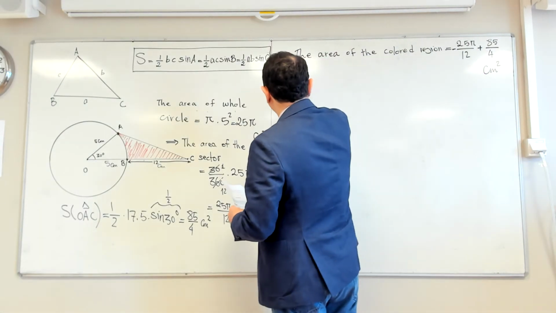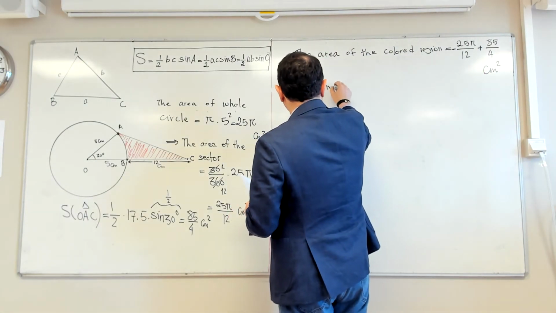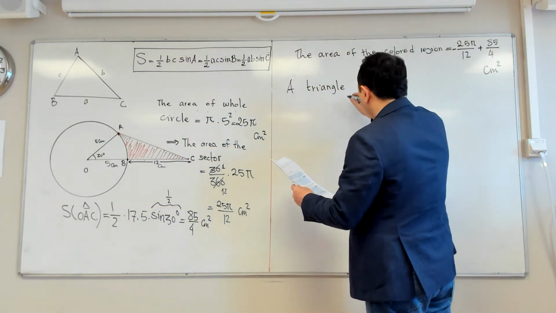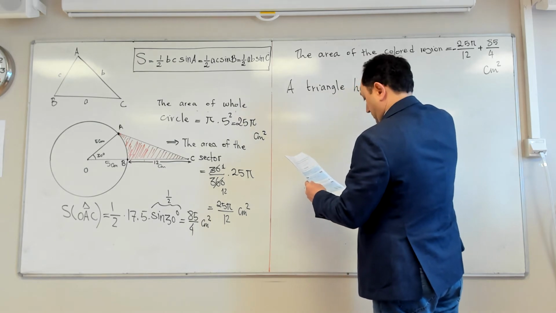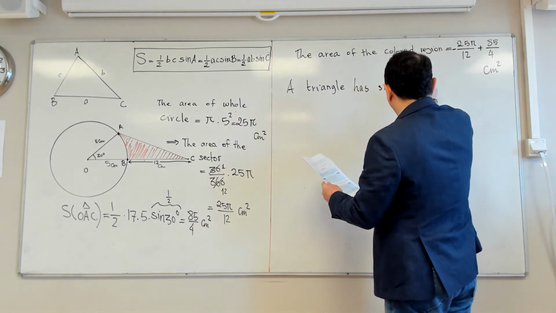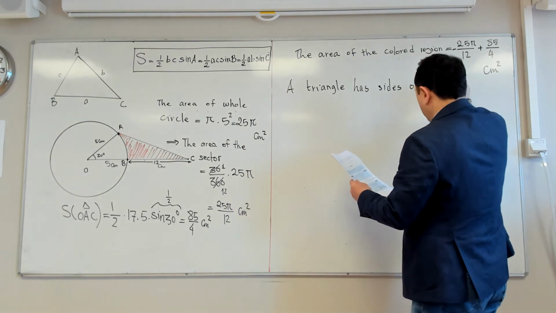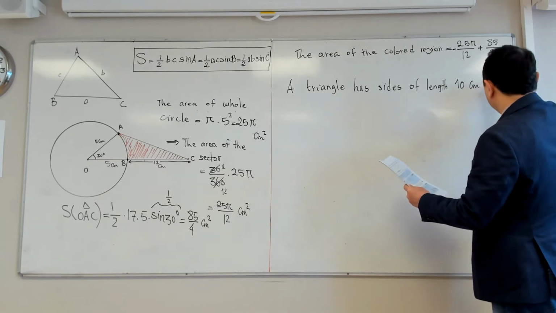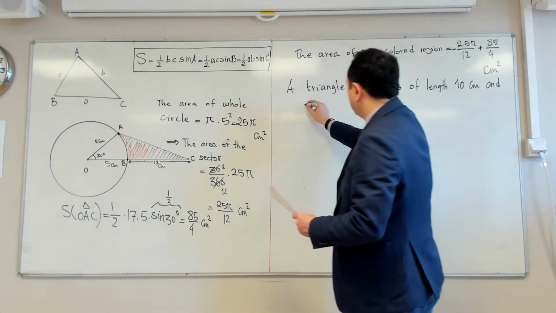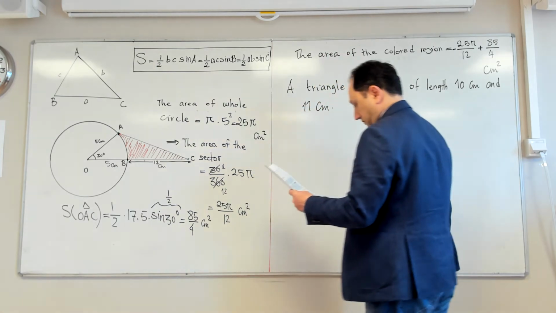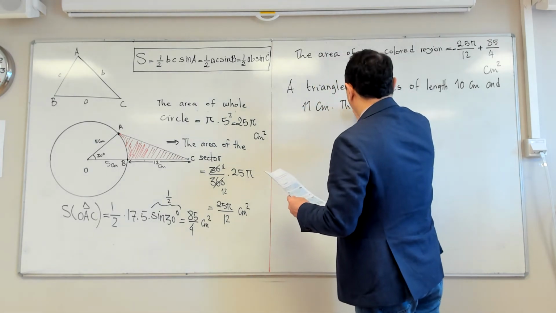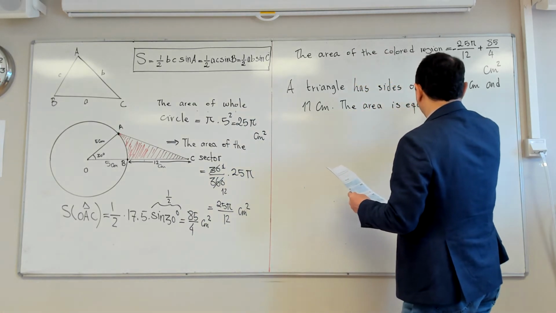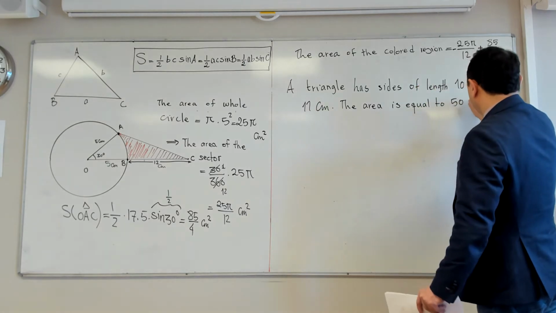A triangle. This is very simple, but I want you to draw your attention to the point that we discussed last time. A triangle has sides of length 10 centimeters and 11. The area is equal to 50 centimeters squared.